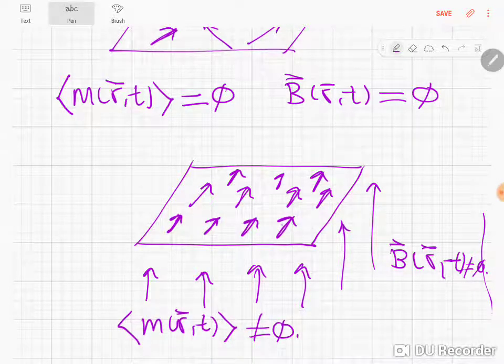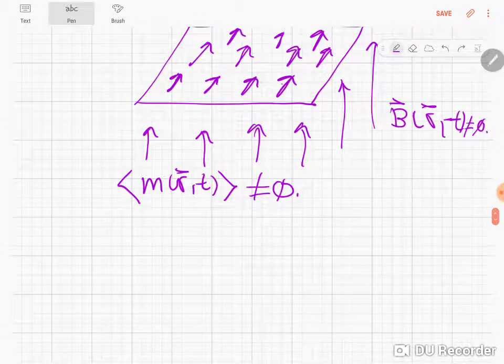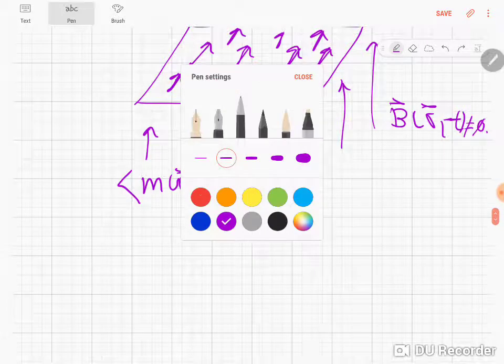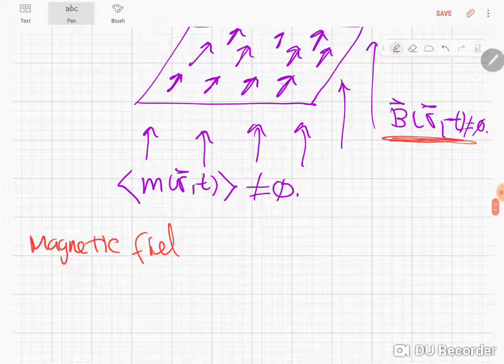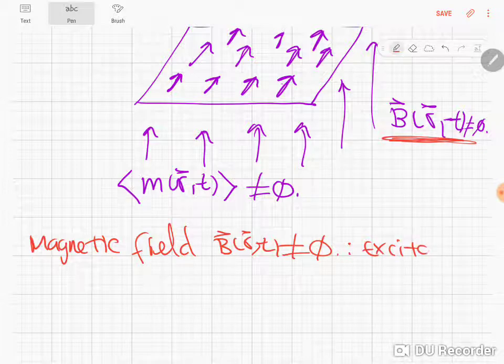Okay, so in this case, what do we have as excitation and response? We can say that we have this as an excitation, so the magnetic field B of R comma T different than 0 plays the role of the excitation.